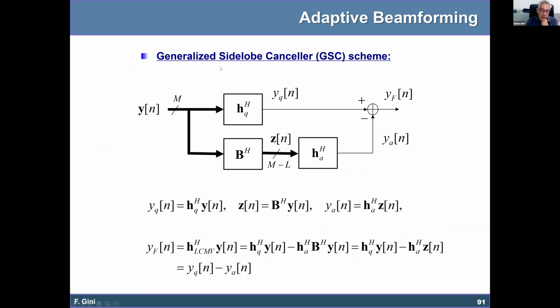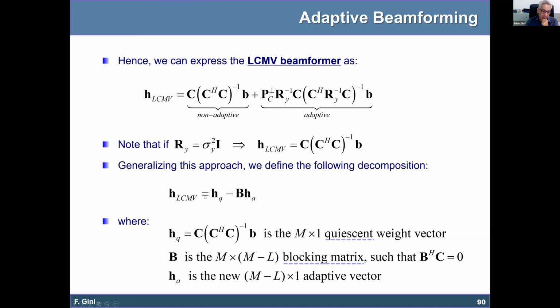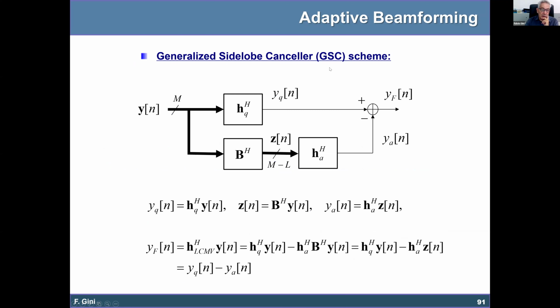If you plot the beamformer by using this representation here, we have the m-dimensional spatial vector. So the bold line means that it's a vector of size m. So we have the signal coming from the m sensors.